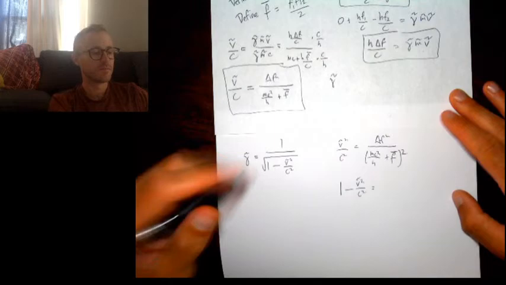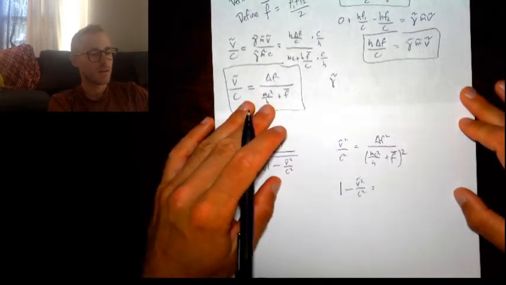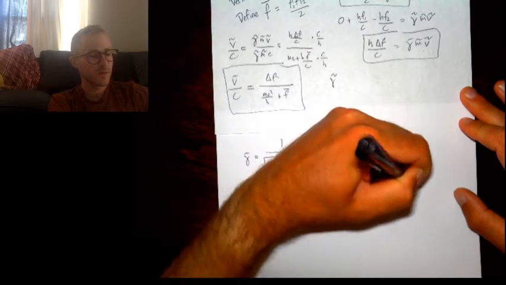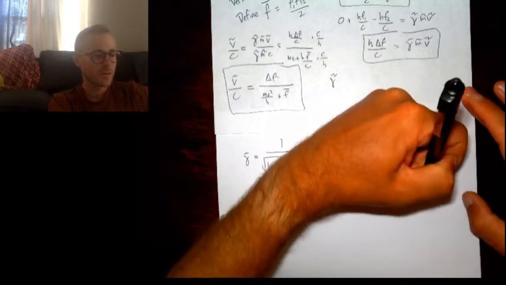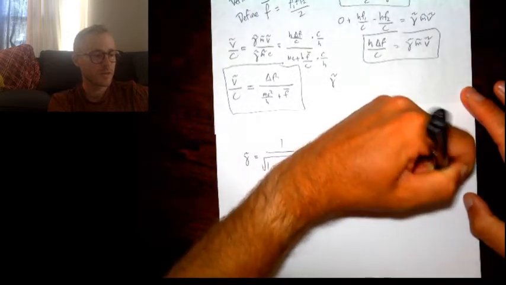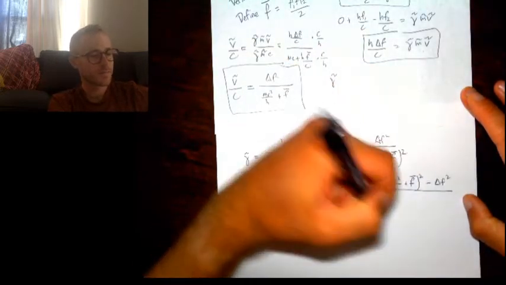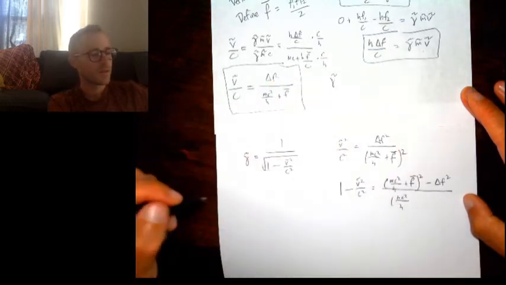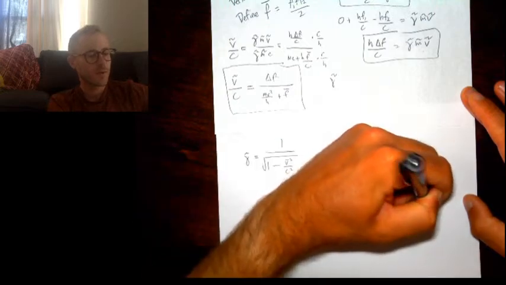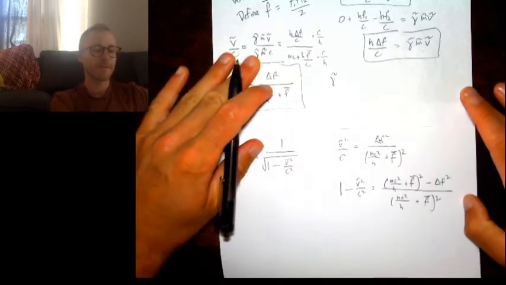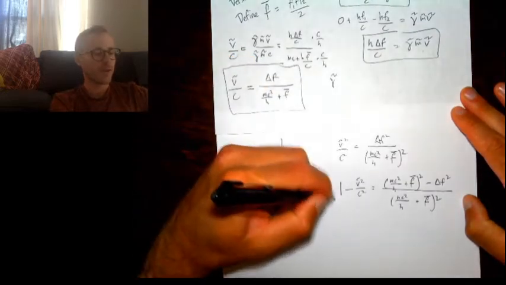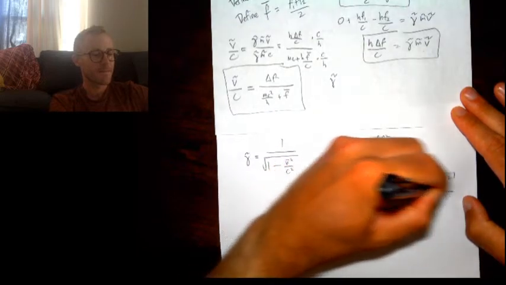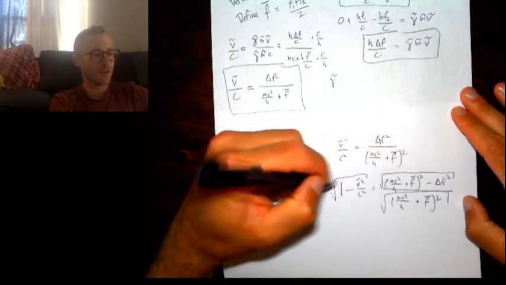Which is going to be MC squared over H plus F bar quantity squared minus delta F squared over MC squared over H plus F bar quantity squared. Then I got to do the square root of that. And then I got to do 1 over that.